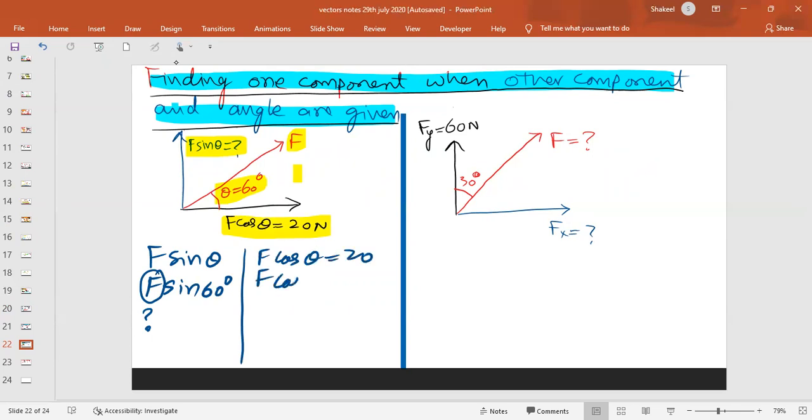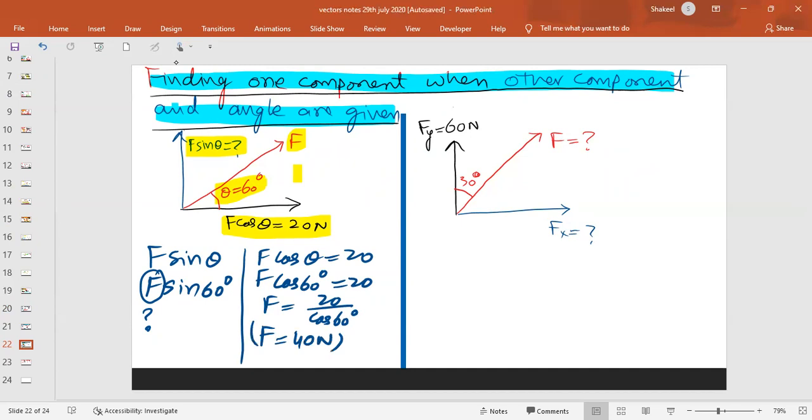So F cos 60 equals 20 and F is 20 over cos 60. When you solve this, 20 over cos 60, you'll get the answer of 40. So this force is 40 Newton.